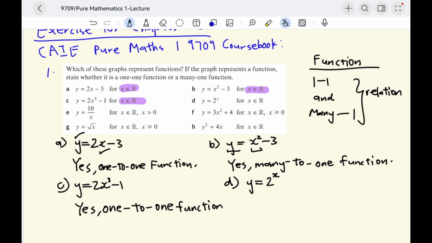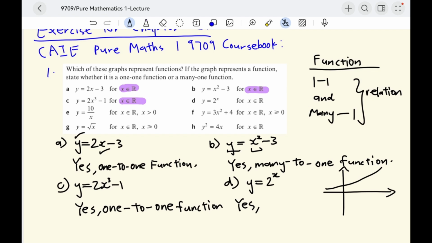It is obviously a function, where y equals f of x, and f of x is equal to 2 to the power x. For an exponential function, the graph is always positive.